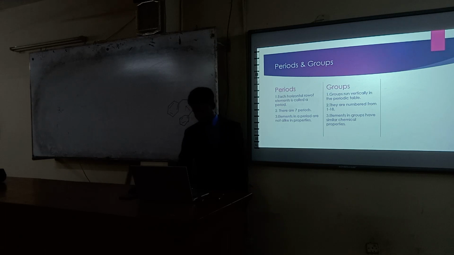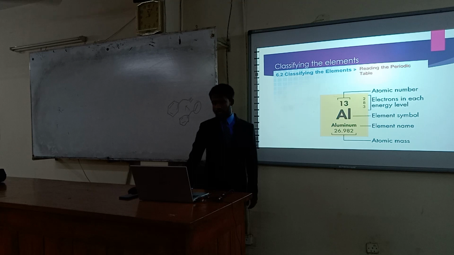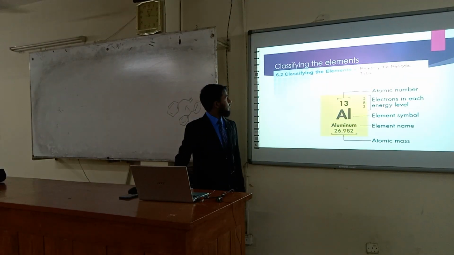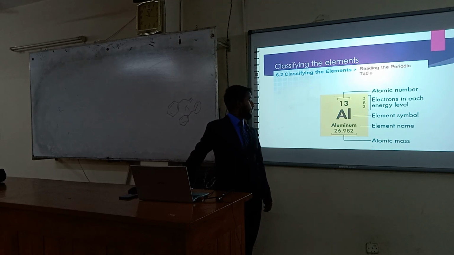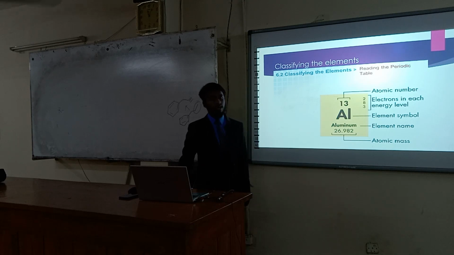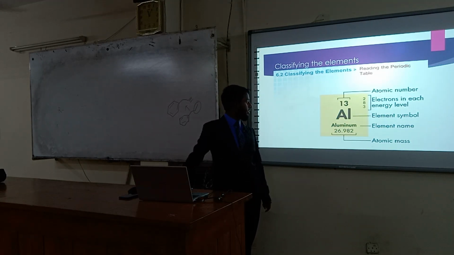Now let's go to the next slide. We can see here classifying the elements. In this square we can see a number 13, which denotes the atomic number. 13 here is the atomic number, and Al, this symbol, is the element symbol.